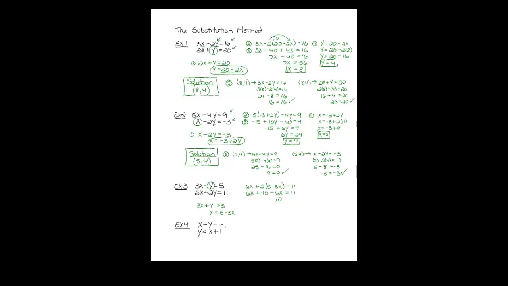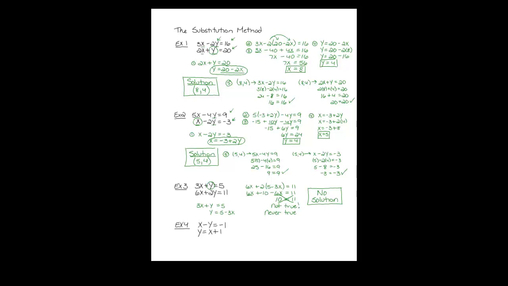So in this particular case, it doesn't matter what x is. There is no solution to this system of equations. If you were to graph this system of equations, you would notice that both of these lines would be parallel. There is no solution.